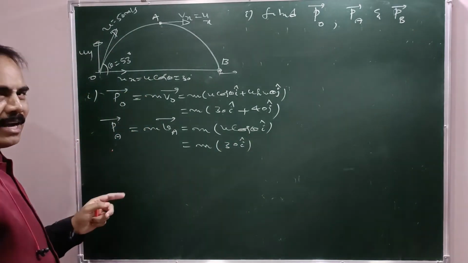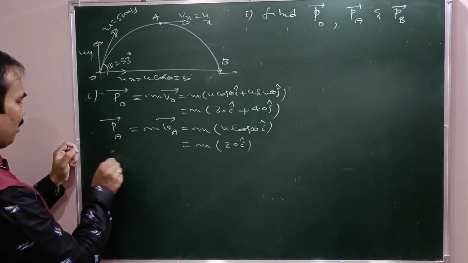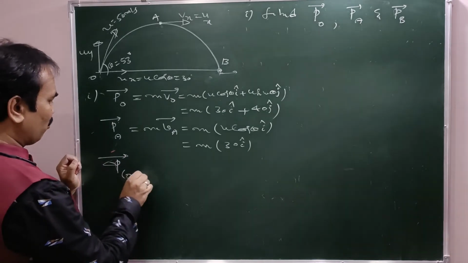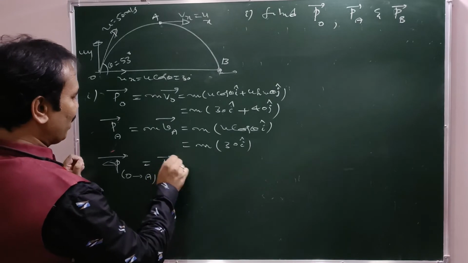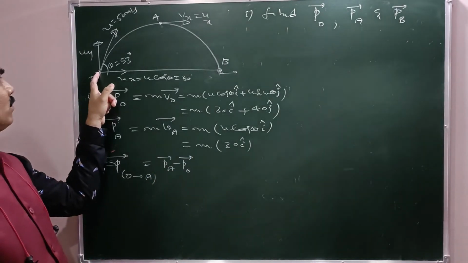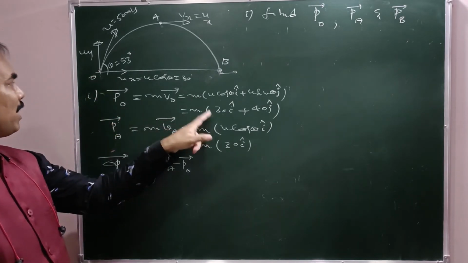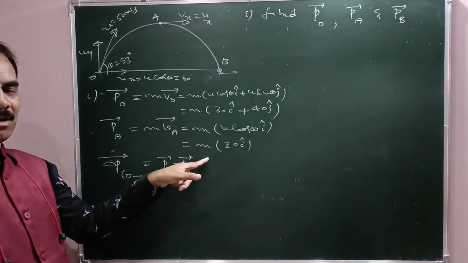If you want to get the change in momentum during ascent, that is delta P bar, the change in momentum from O to A, that is P at A bar minus P at O bar. At point O the momentum is so and so, at point A the momentum is so and so, and both differ in magnitude as well as direction.